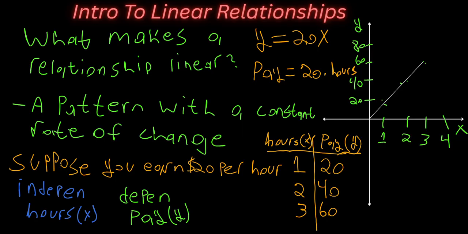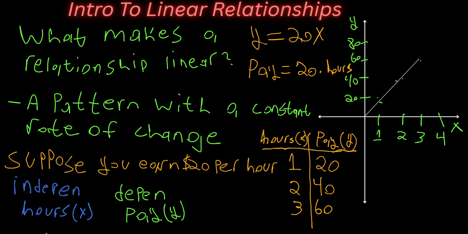So I hope all of that made sense to you. What I'm going to set up is a set of practice questions, and they'll be more about creating tables and identifying linear relationships this time, rather than crunching the numbers. So let's get into the practice.